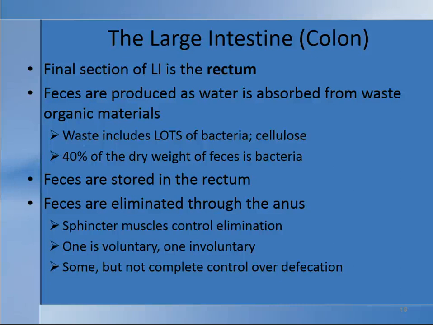It's the storage house for feces, and then feces is eliminated through the anus, and the anus is a voluntary sphincter, and then you have an involuntary sphincter as well, and so you have mostly complete control over defecation, but it's not entirely. I mean, it can go badly if the involuntary sphincter does its thing without you participating in that.